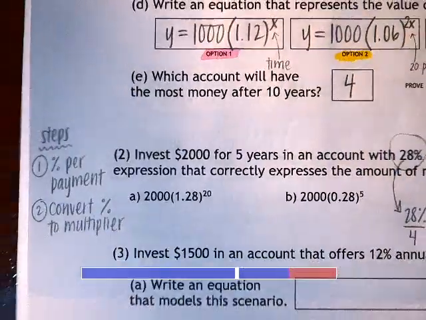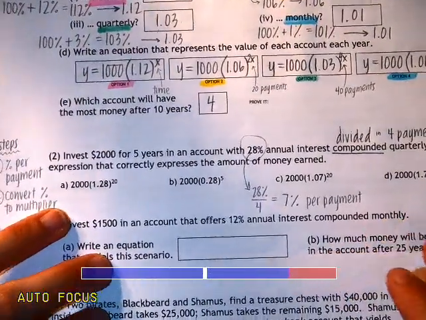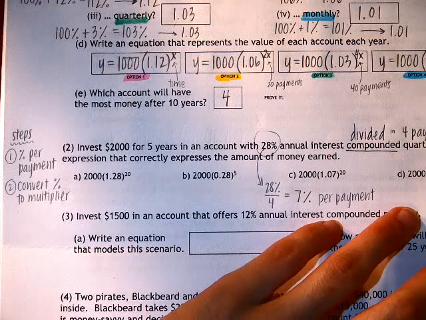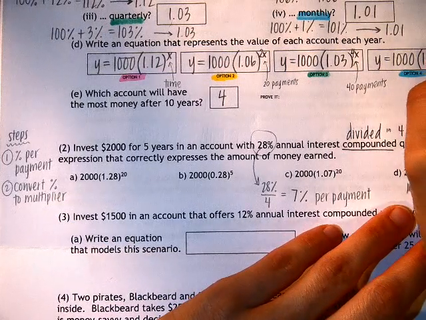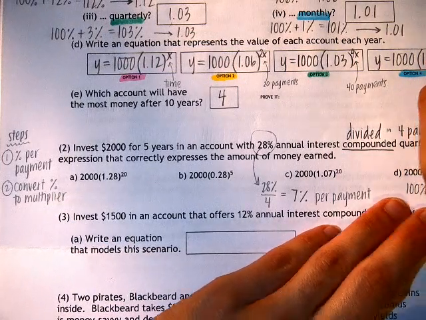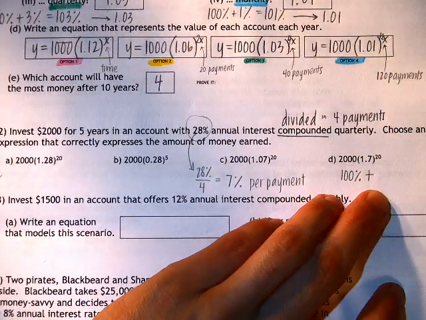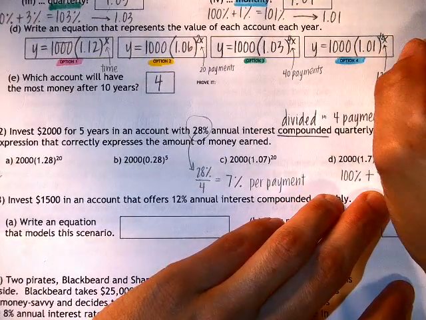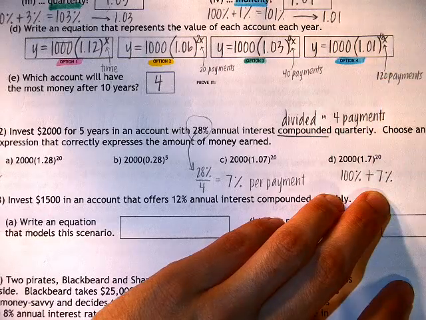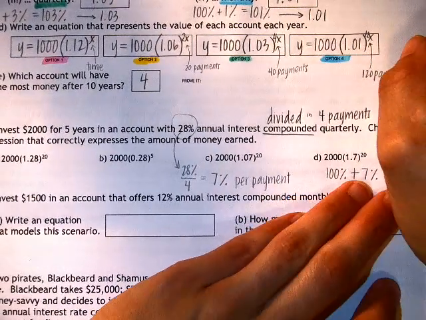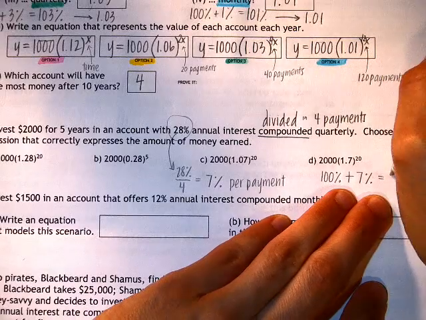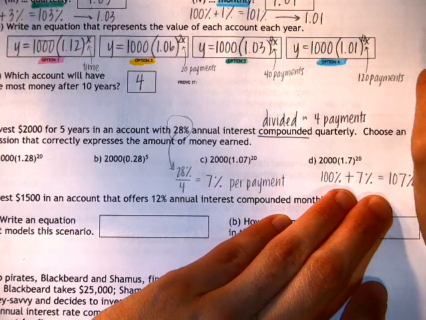So to convert something to a multiplier, I'll take my 100%, which is always what we start with. We always start with 100%, plus, because interest always adds to my account, 7% in each payment. 100% plus 7% is 107%.